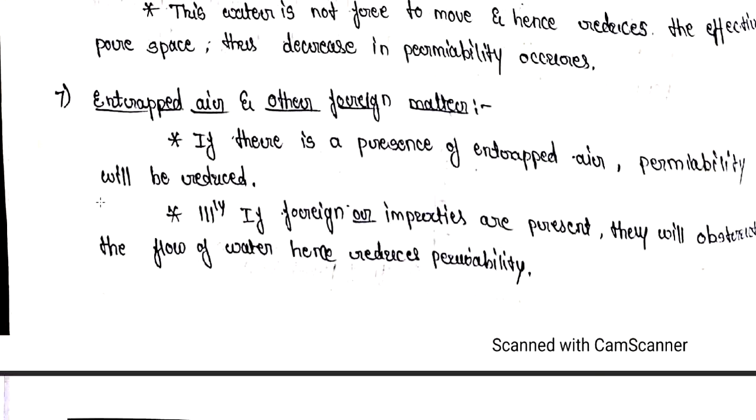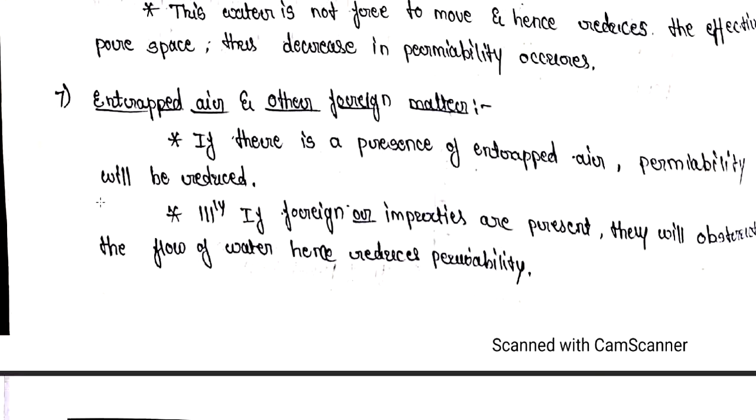Next, entrapped air and other foreign materials. If there is a presence of entrapped air, permeability will reduce. Entrapped means the air won't be able to escape.